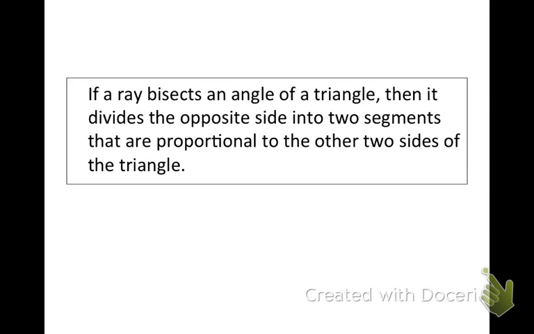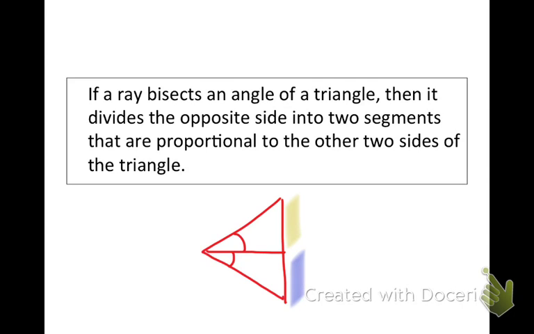So let's break this down. What does bisect mean again? Cut in half. So if we have a ray bisecting an angle, then it's going to split that opposite side into two segments. Top segment in yellow, bottom segment in blue.